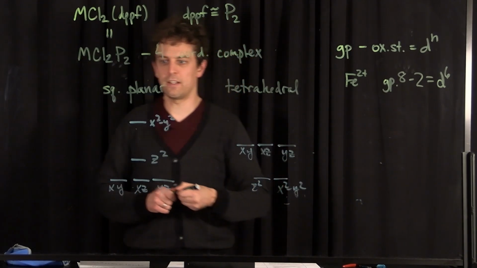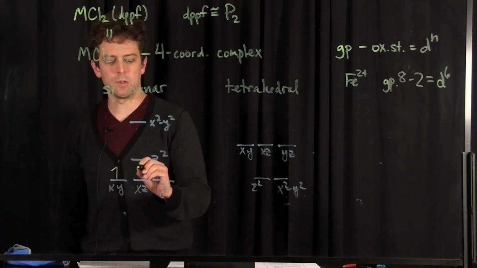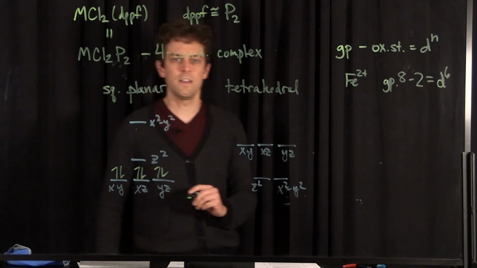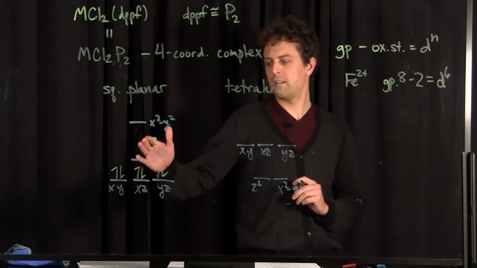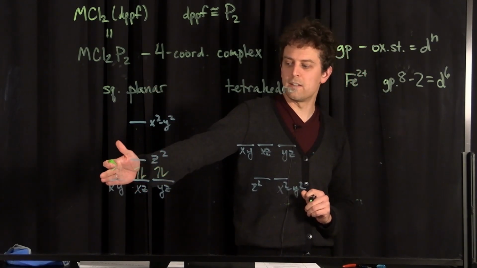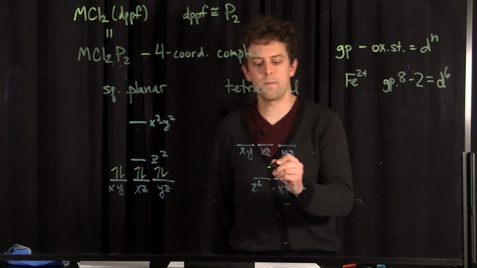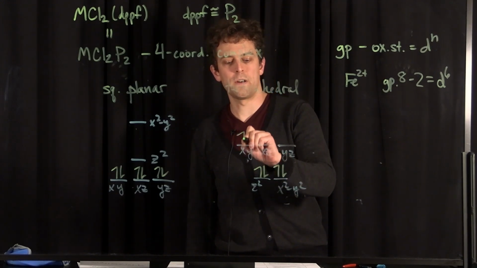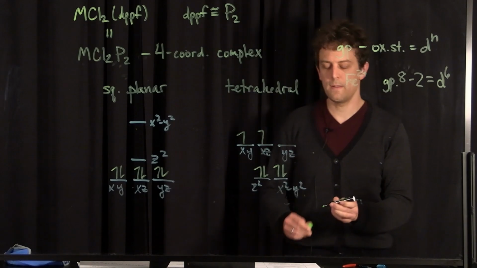So if we fill 6 in on square planar, we'll want to maximally pair as many as we can. And if we do that, we see that a low spin d6 iron 2 complex in the square planar geometry is going to have all paired electrons. If I put them in a tetrahedral case, on the other hand, fill them following Hund's rule.